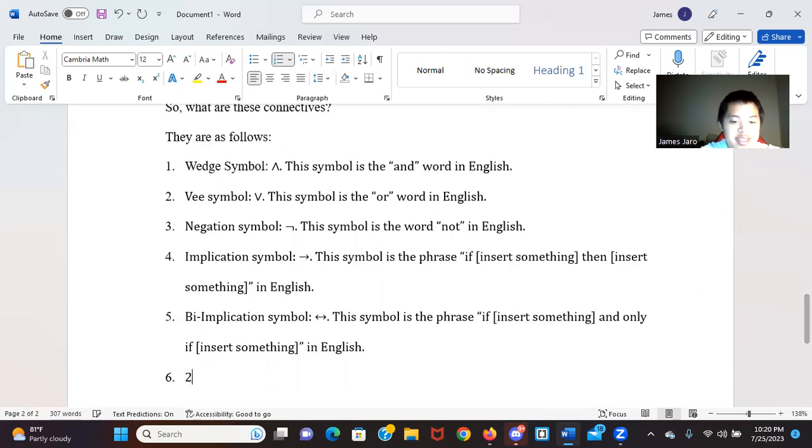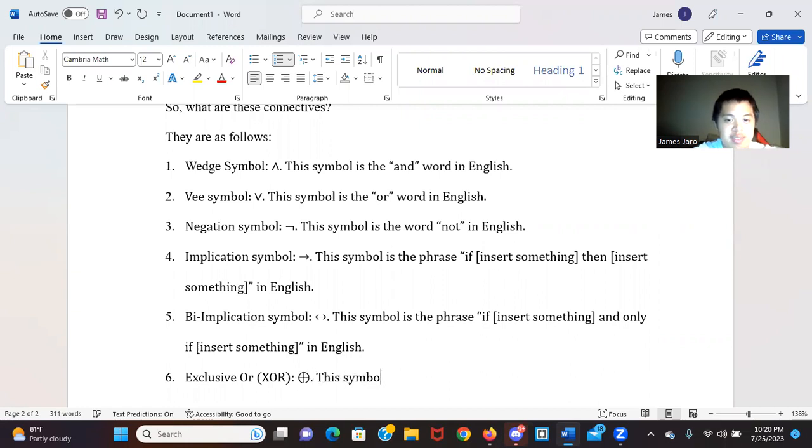And then the final one, the really funky one, is this symbol, this plus with a circle around it. We call it the exclusive or, or XOR, as we call it in the logical world. Its symbol is the plus symbol with a big circle around it.